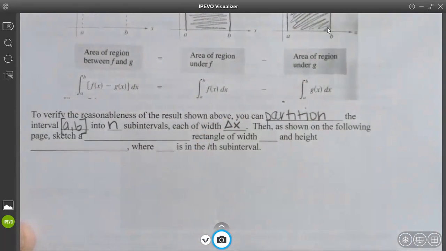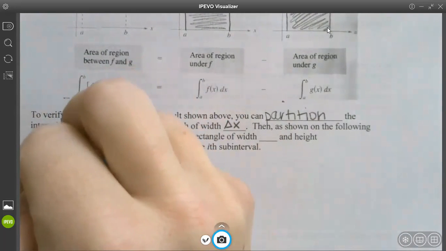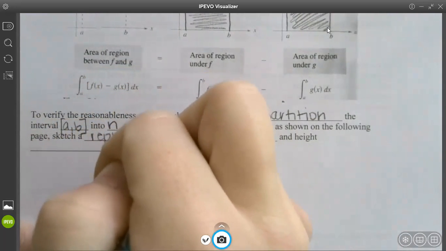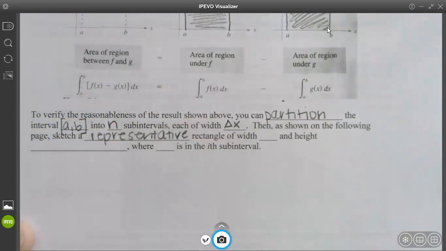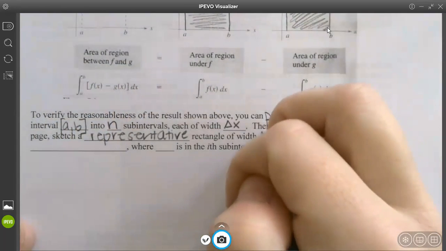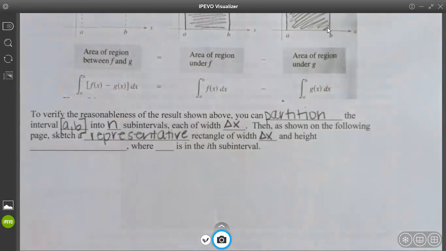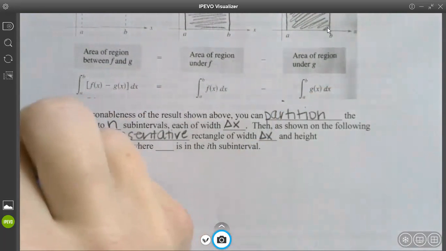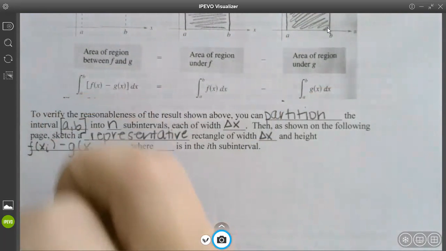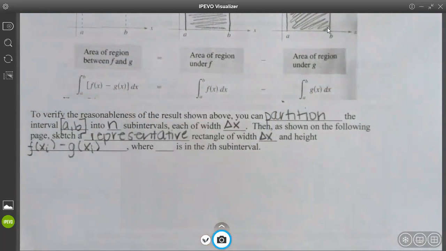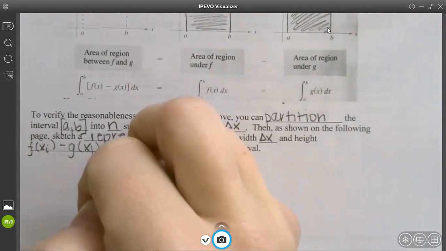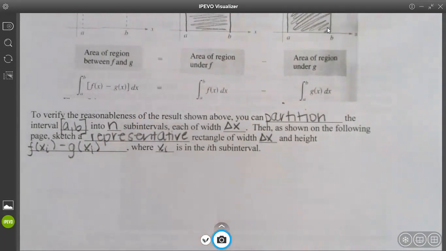Then, as shown on the following page, sketch a representative rectangle of width delta x and height f of x sub i minus g of x sub i, where x sub i is in the ith subinterval.